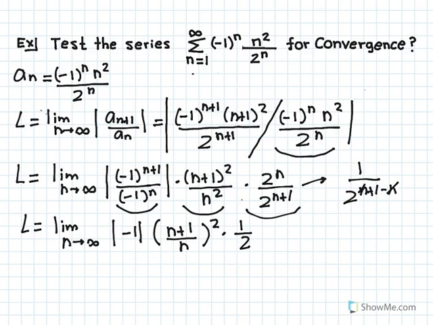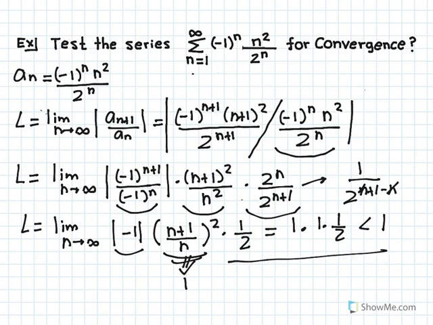Now if we take the limit as n approaches infinity, this part is just going to give us 1, because we divide by the highest power. So the absolute value of negative 1 is 1, times 1 times 1/2, which is less than 1.